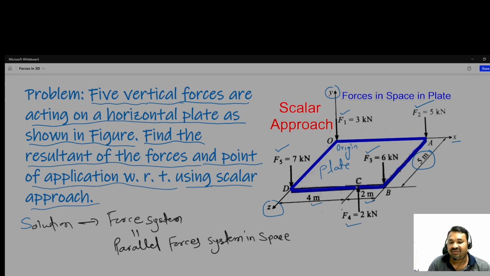So all the forces are acting parallelly, either downwards, mostly downwards, or upward. So here the main thing, this problem we have to solve using the scalar approach. The vector approach, this problem is already solved by the vector approach, and that is given in the comment box. The link is given, so you can refer to that.